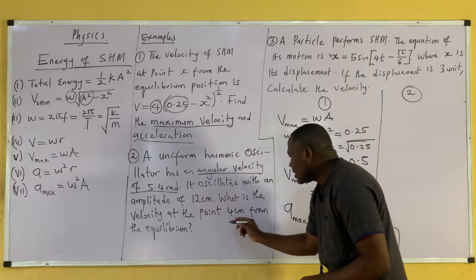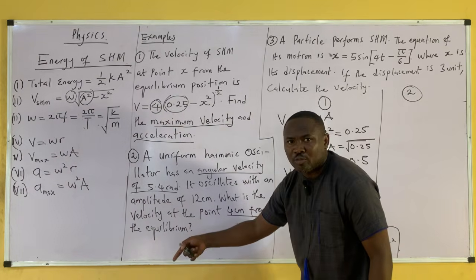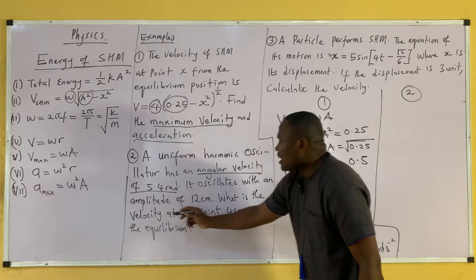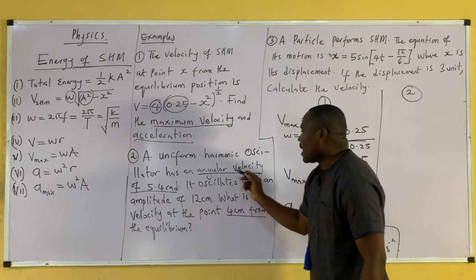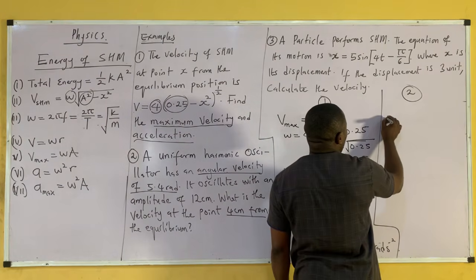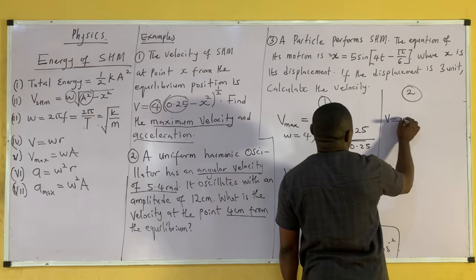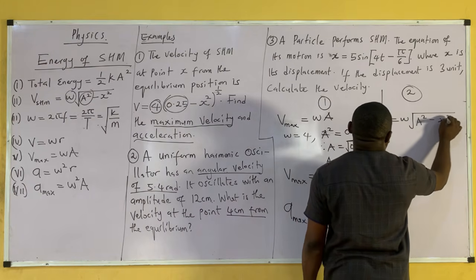Now take note, 4 centimeter from the equilibrium point is our displacement. 12 centimeter is our amplitude, while this is our W angular frequency. So now it means that V equals W square root of A square minus S square.